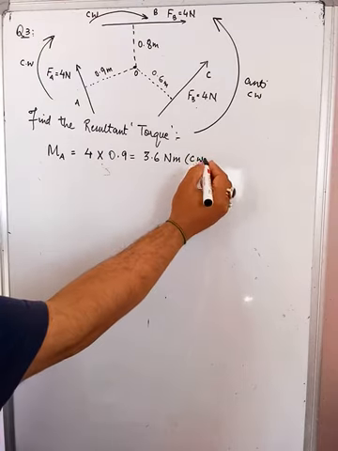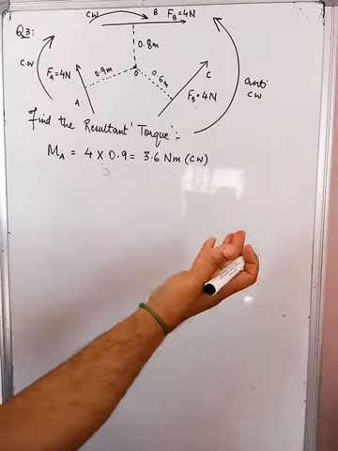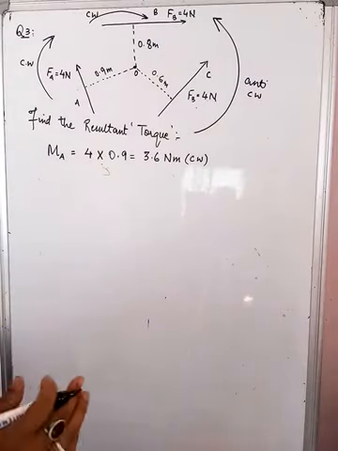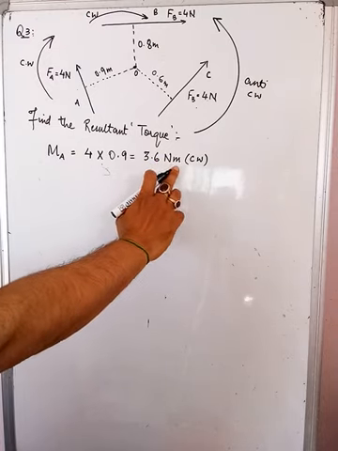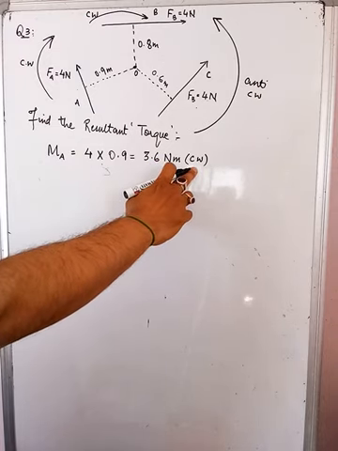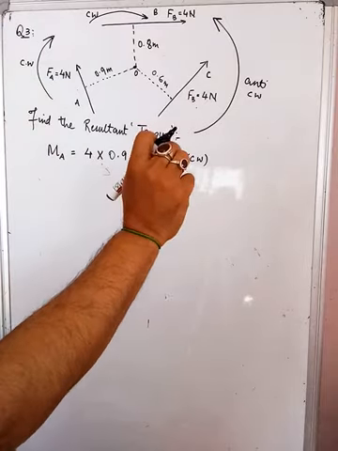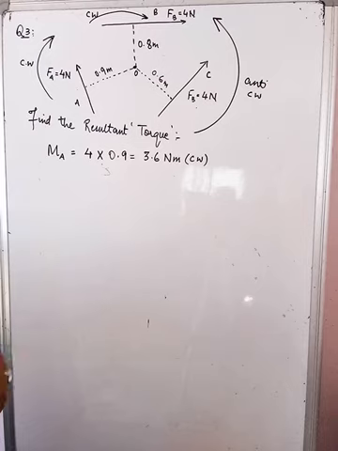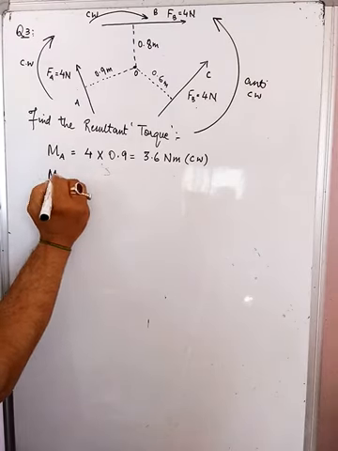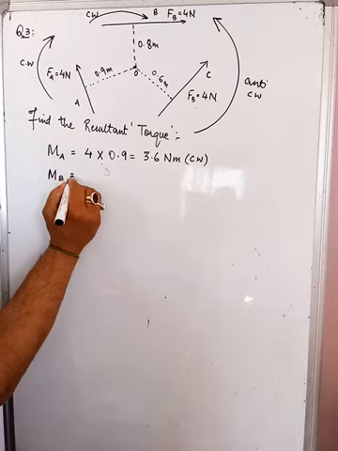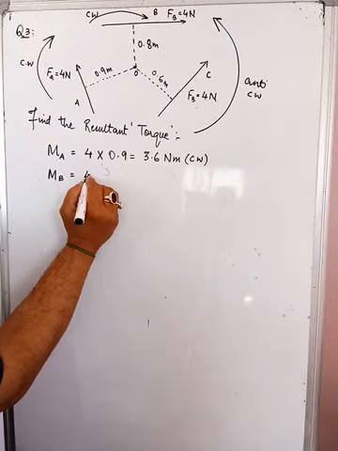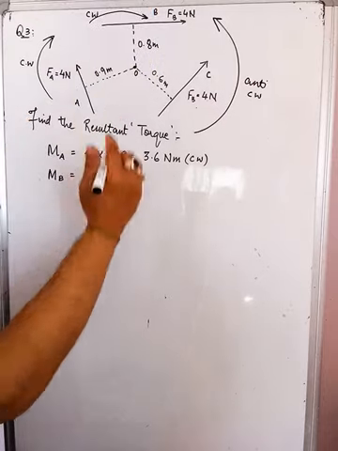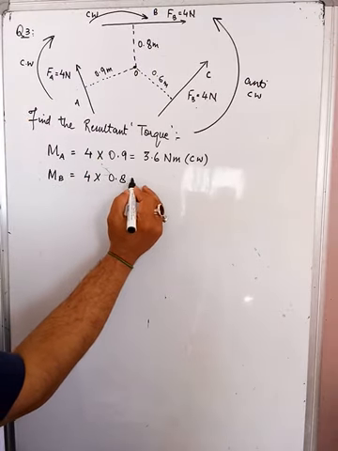clockwise. You can either follow the sign convention. If you remember in the previous lecture I had shown you, you can either write 3.6 newton meter clockwise, or you can write minus 3.6 newton meter. That minus sign would indicate the clockwise direction. Now coming to the moment of force B. Again the value of the force is the same for all three, but the perpendicular distance this time is 0.8.